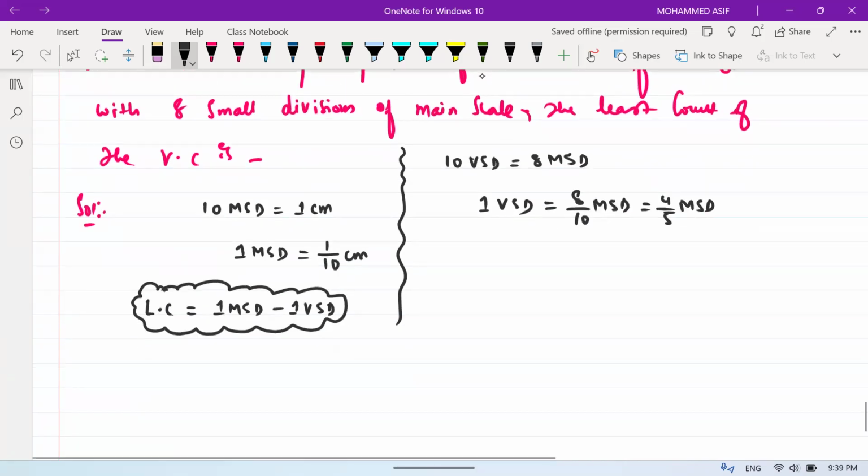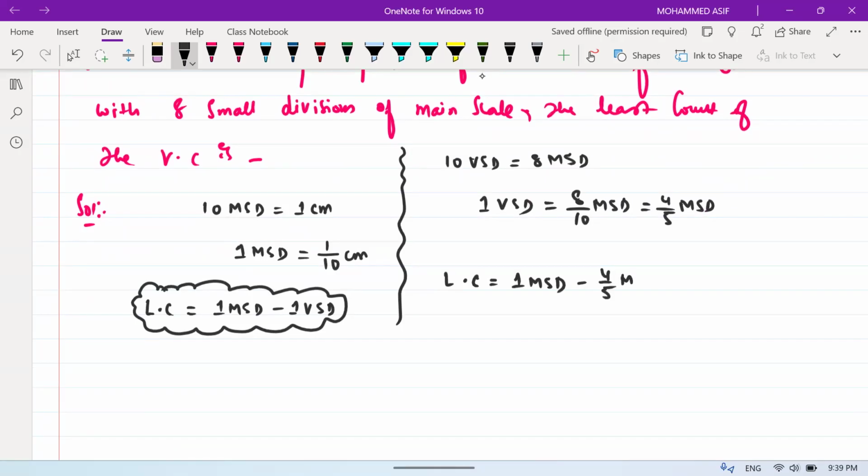Clear? Now substitute in the least count formula. Least count is equal to 1 MSD minus 1 VSD, which is 4 by 5 times MSD. So that will be equal to 1 minus 4 by 5 into MSD. Taking the LCM, 5 minus 4 divided by 5 into MSD. 5 minus 4 is nothing but 1.